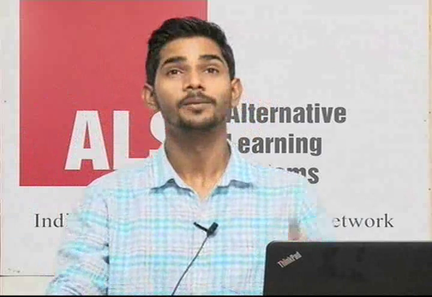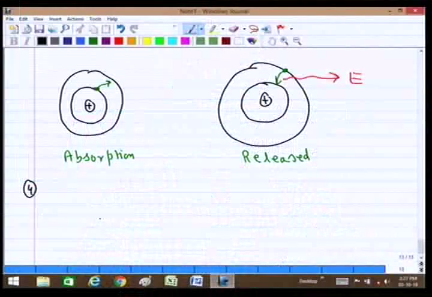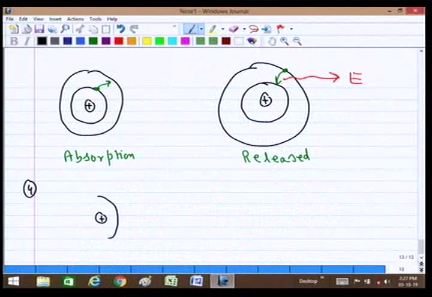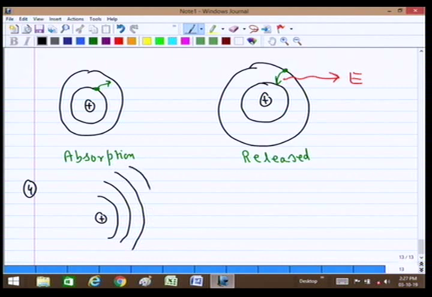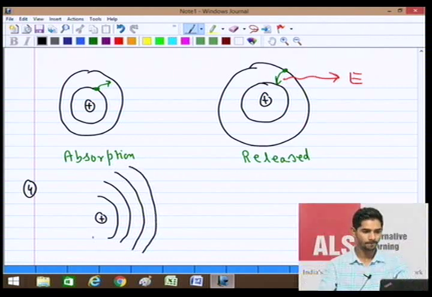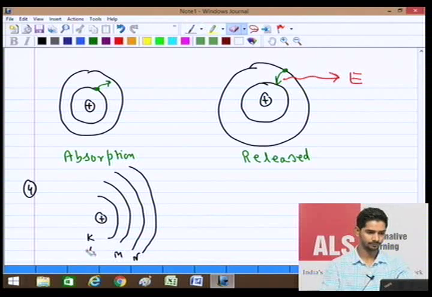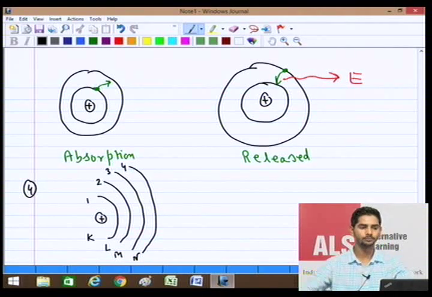So let's move on. Point number 4. Look at this. See, this is your K shell, L, M, N. 1, 2, 3, 4.